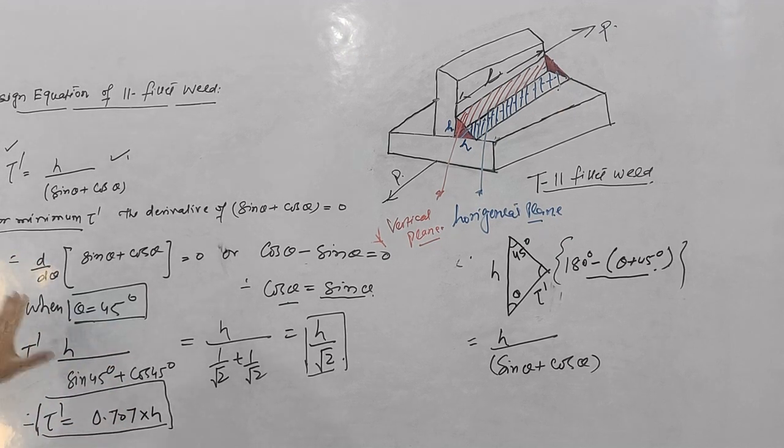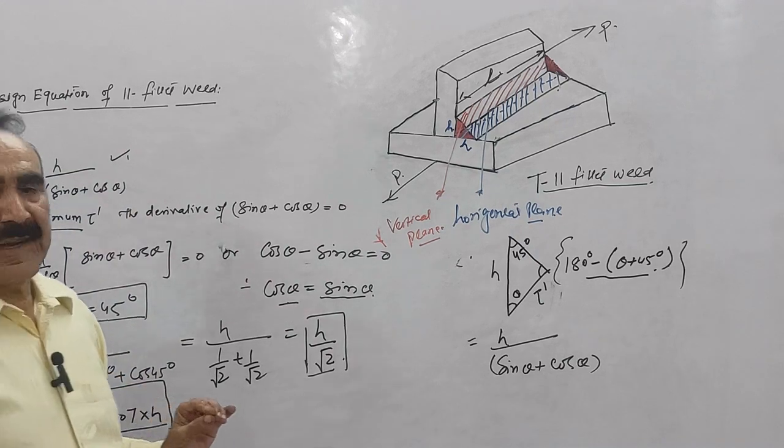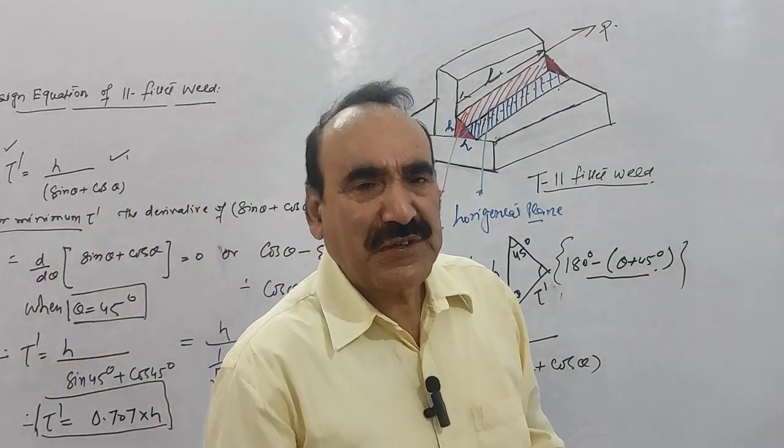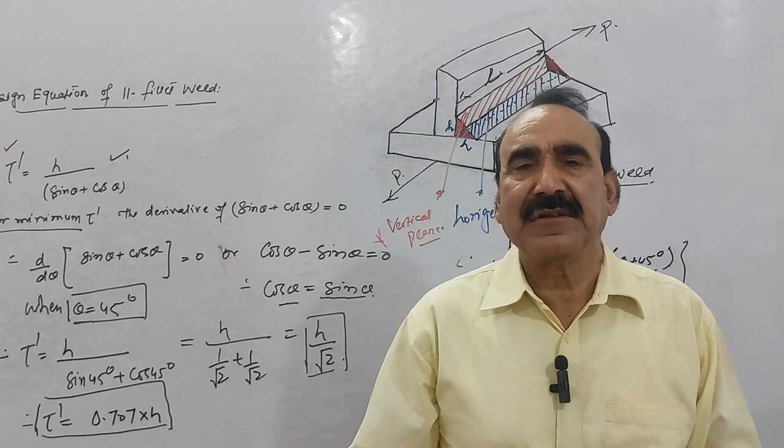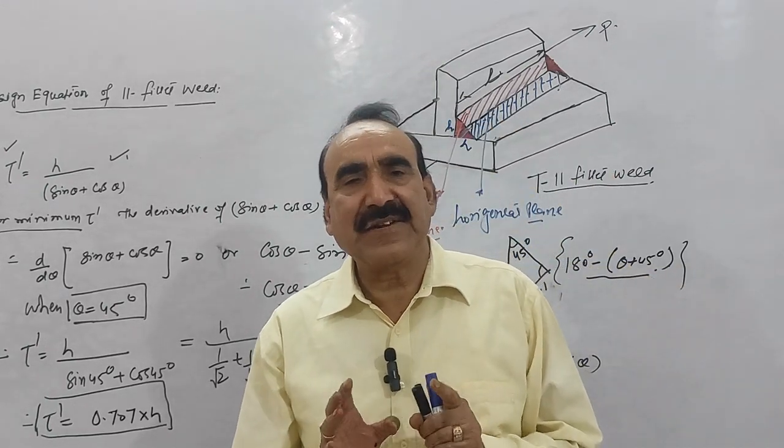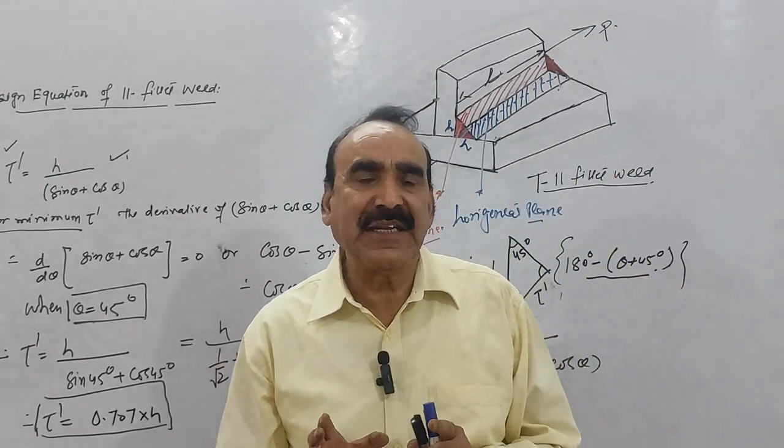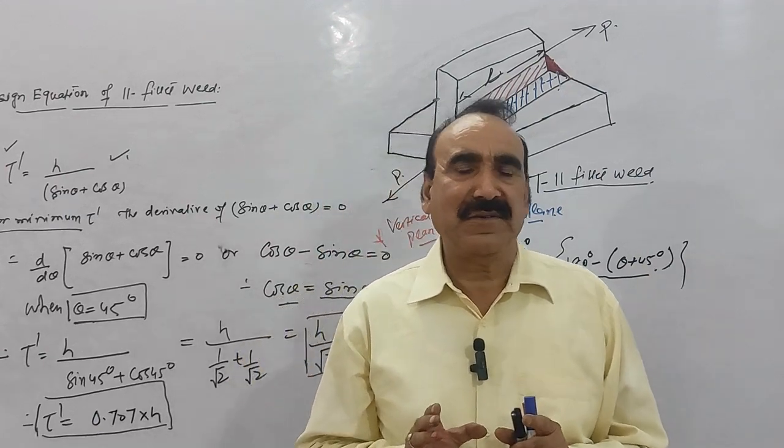You understand this? So far it is clear? What have I done? First I started the problem with three different planes. I have taken the T-weld joint.